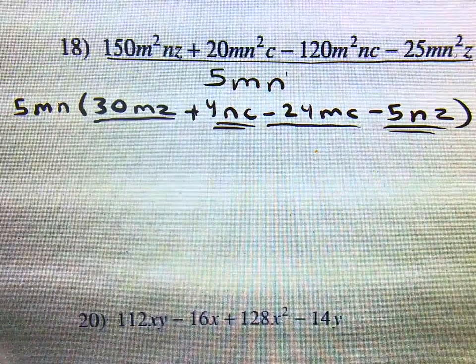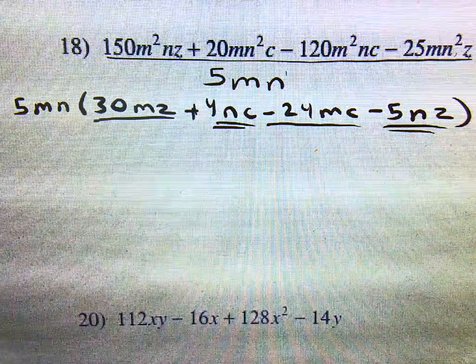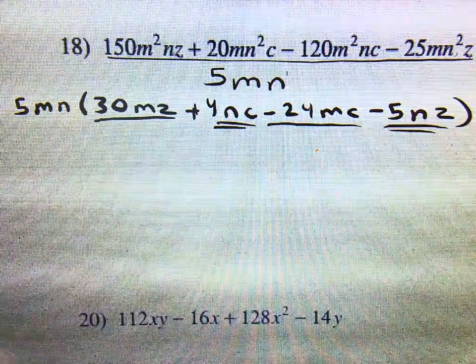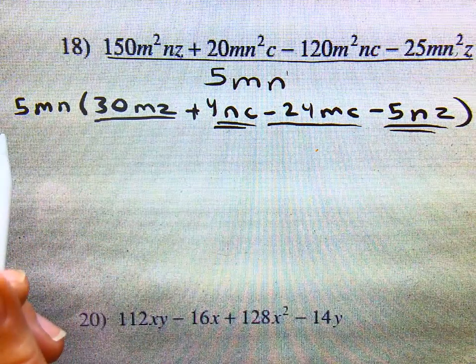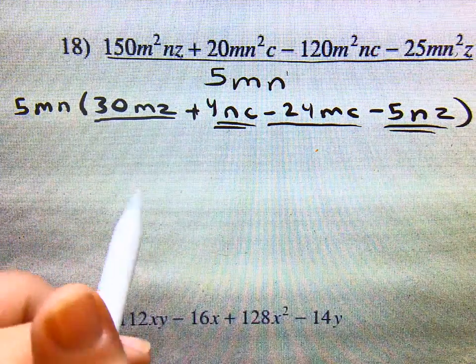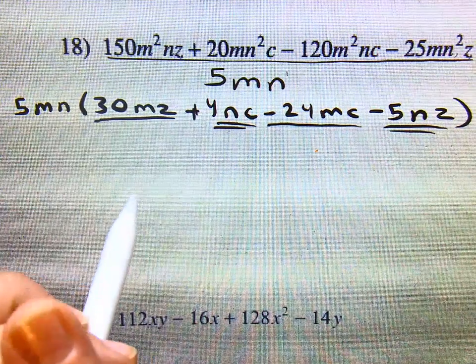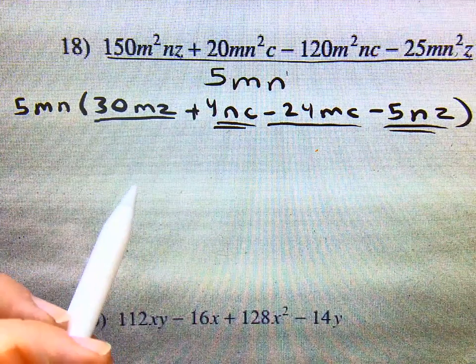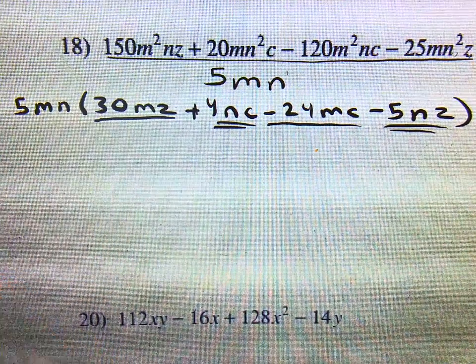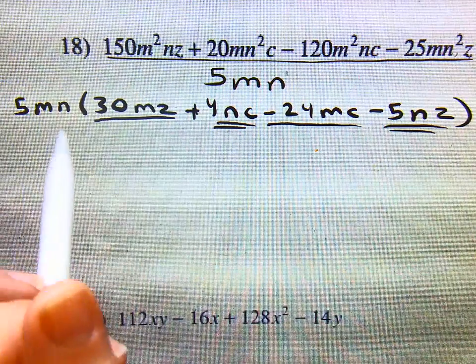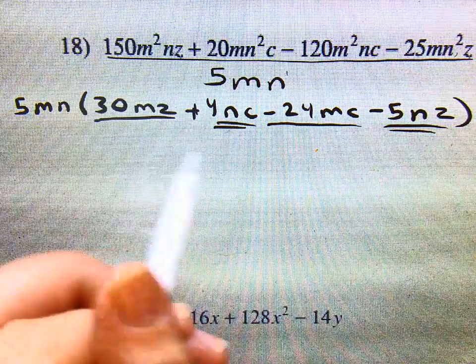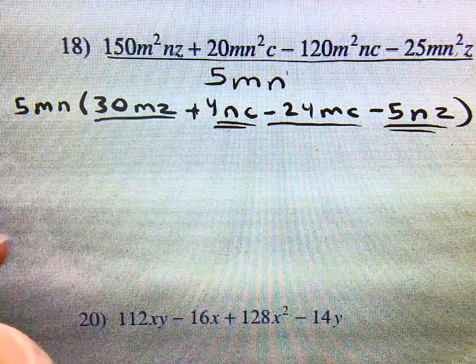Could you also do it off of your Z's and C's? Yeah, but this is how I'm going about it. So just remember, there are a couple different ways that you can arrange them, and they should all still work.